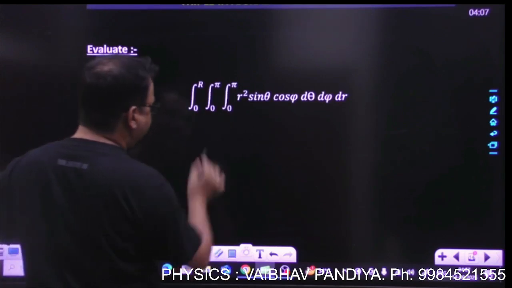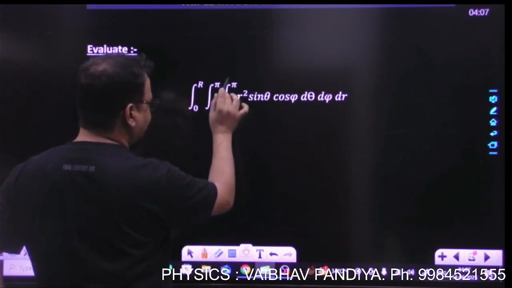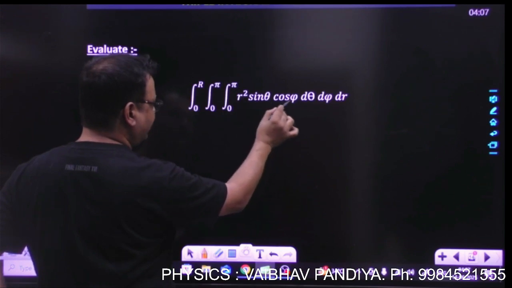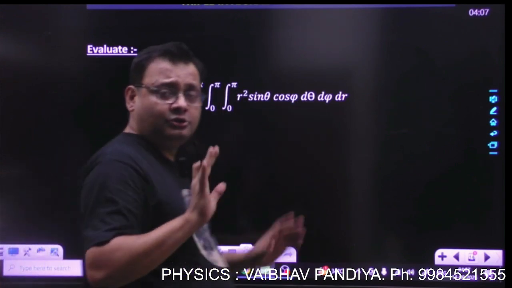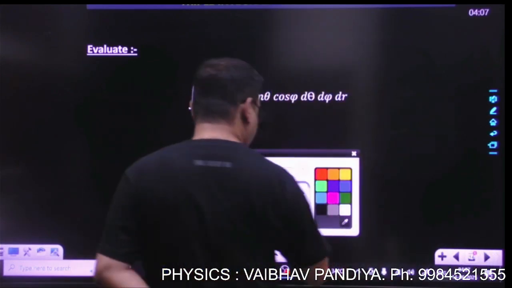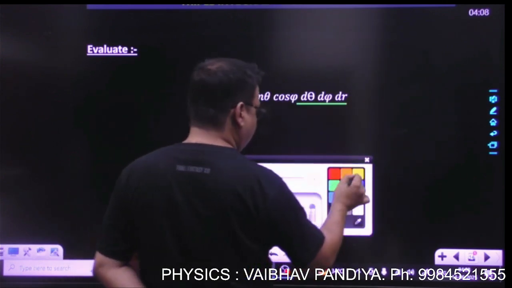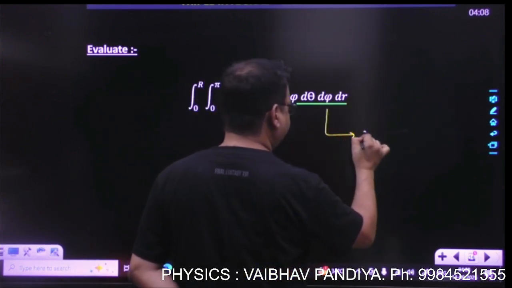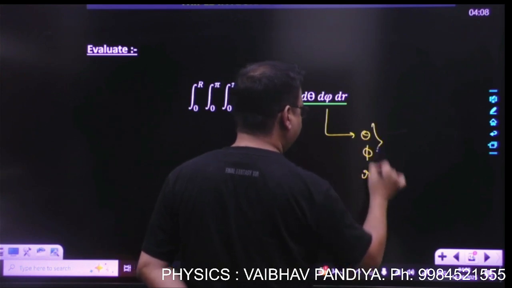Say we have the triple integral, 0 to R, 0 to pi, 0 to pi, r square sine theta cos phi d theta d phi dr. Now if you see here, there are three elements of integration. So the variables are theta, phi and r.